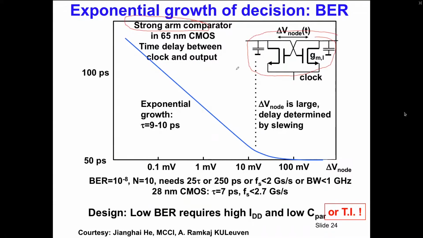This is a very popular type of comparator, and this is a strong arm comparator from a very large company that one of my students was able to investigate. And what you then see is that if you have a starting value between the two nodes, so this is the delta V node, as you can see over here.